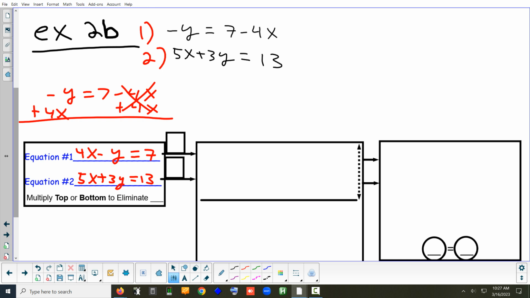Do we have a single positive variable in both of them? No. Positive variable means you're looking for like an x and an x, or a y and a y. Do we have a single variable in at least one of the equations?